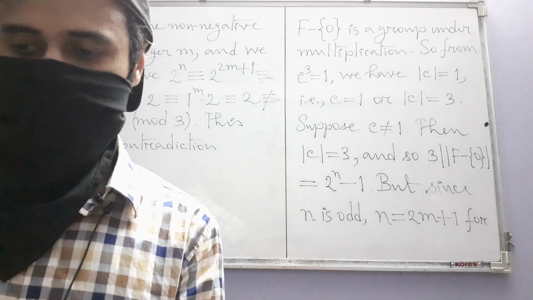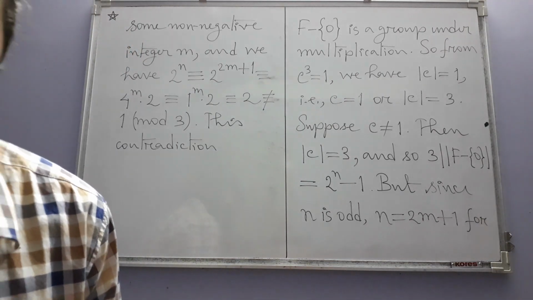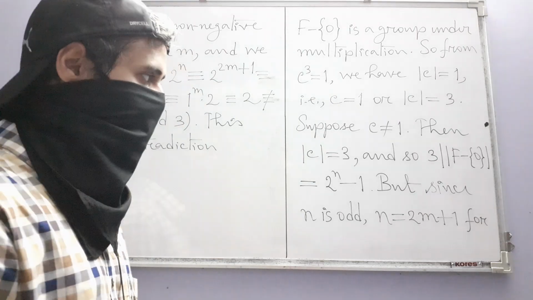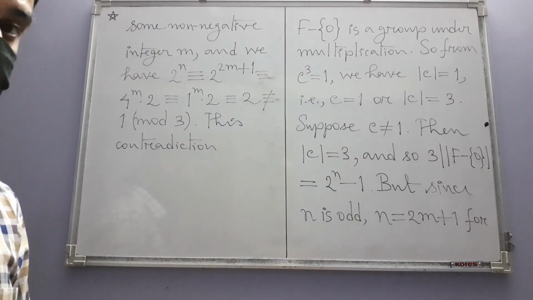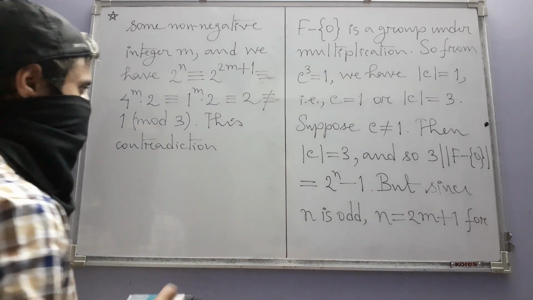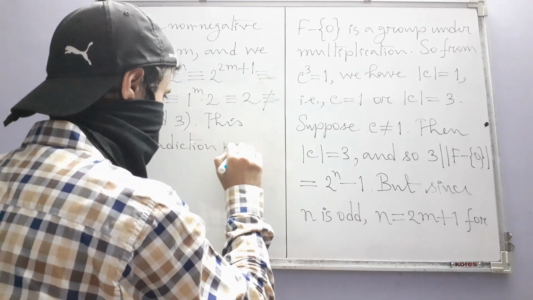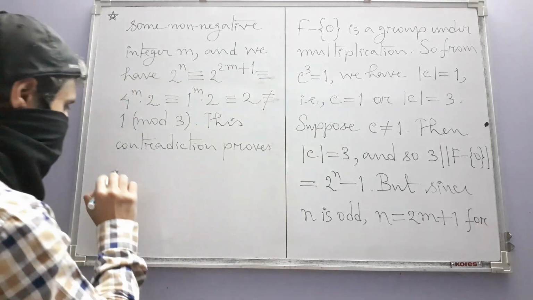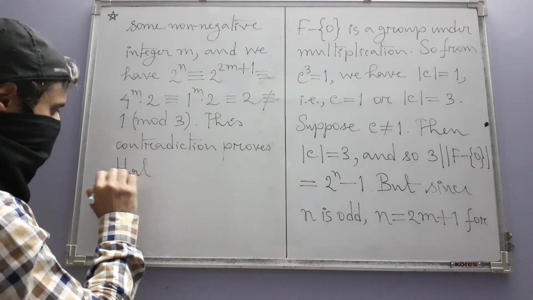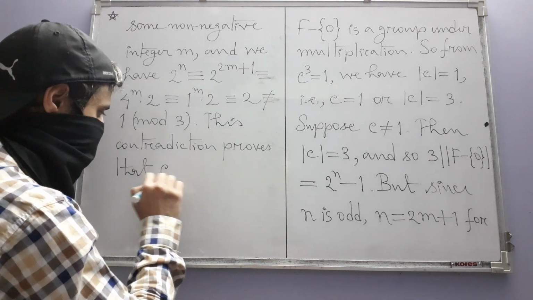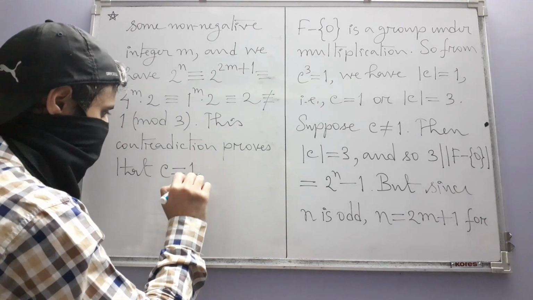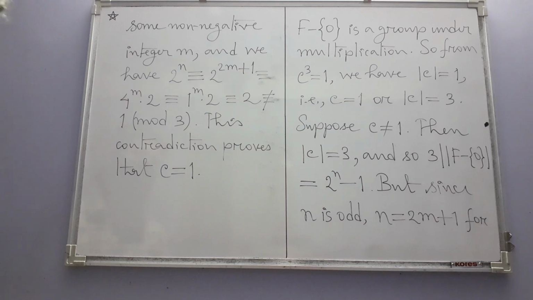And what is the last supposition? For us, it was the supposition that C is not equal to 1. That means C has to be equal to 1. This proves that our last supposition is wrong, or we can just simply write this, that C must be equal to 1.